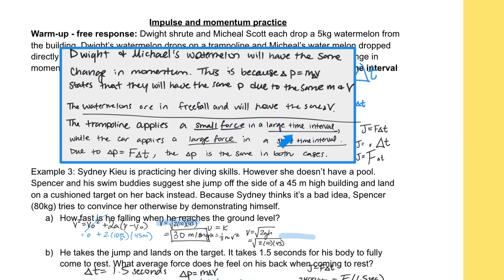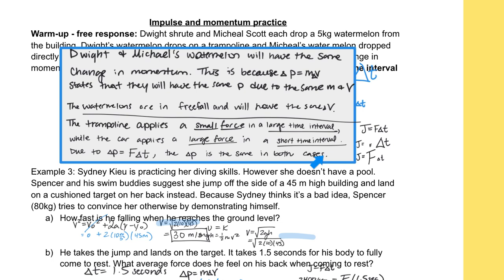Whenever we look at the trampoline and the car, they both will cause the object to have the same change in momentum. However, the trampoline applies a small force over a large time interval, which explains why the watermelon doesn't break, and the car will apply a large force over a small time interval, which explains why the watermelon does break.